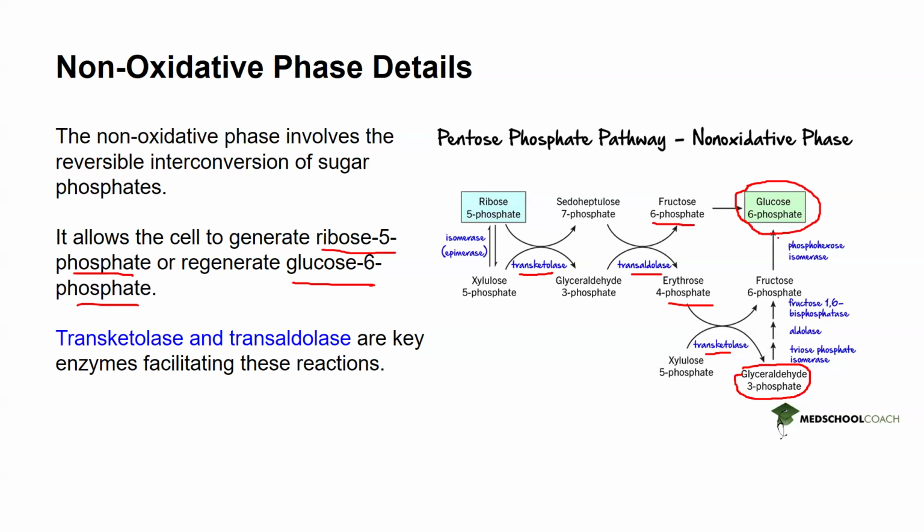So these are the important biomolecules that are generated in the non-oxidative phase. We generate glucose 6-phosphate, and we also regenerate ribose 5-phosphate. So as we can see, ribose 5-phosphate is generated, and glucose 6-phosphate is also generated.